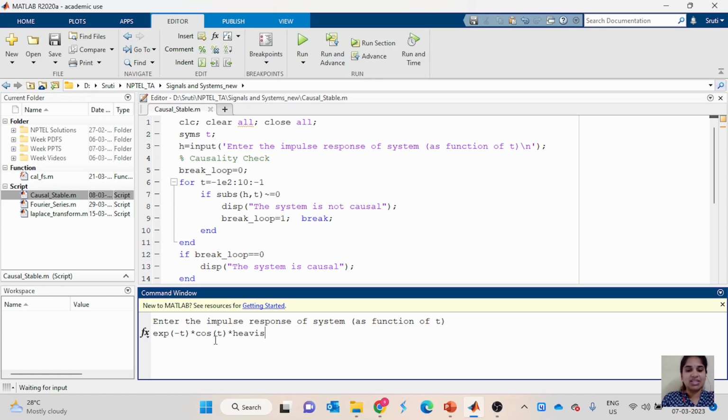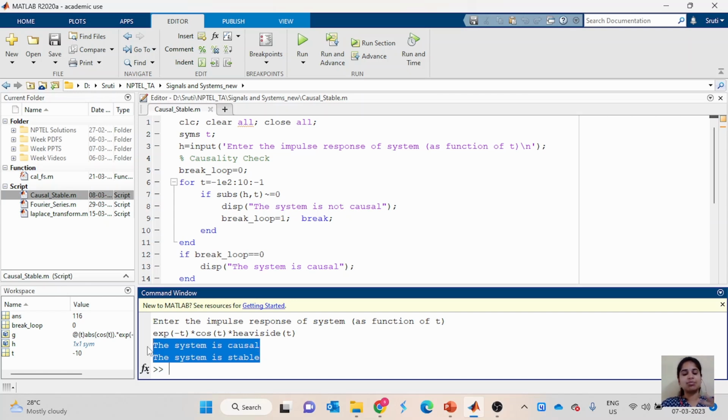Here it is called heaviside, so heaviside of t. We are checking the stability and causality for e power minus t into cos of t into u of t. We saw in our example that this system is causal and stable as well. So we are getting the answer: the system is causal, the system is stable.